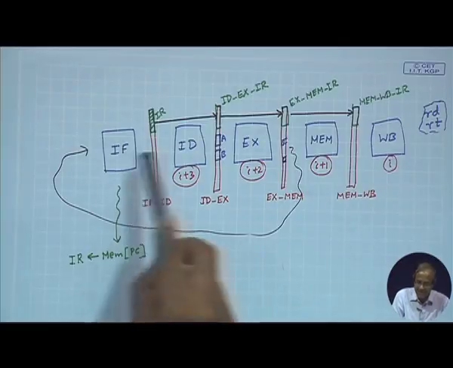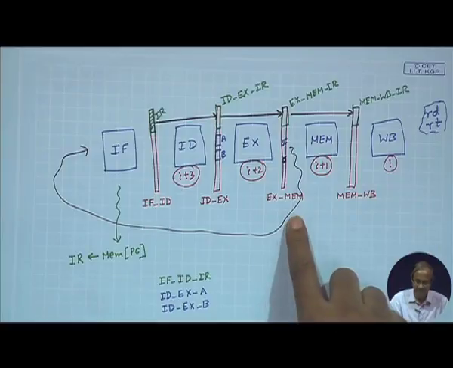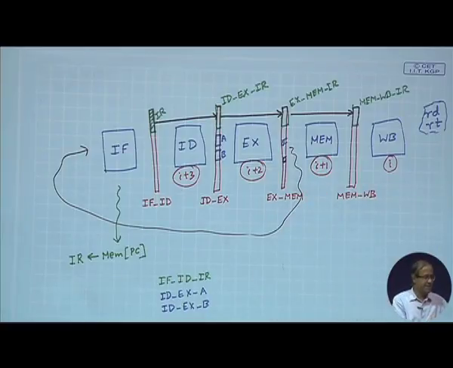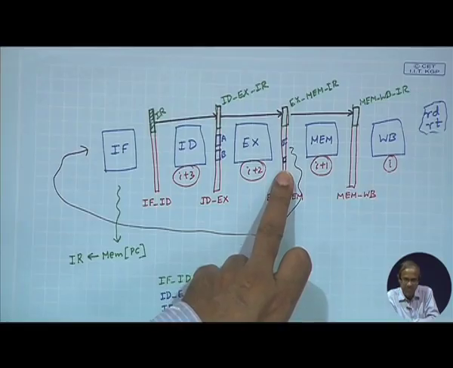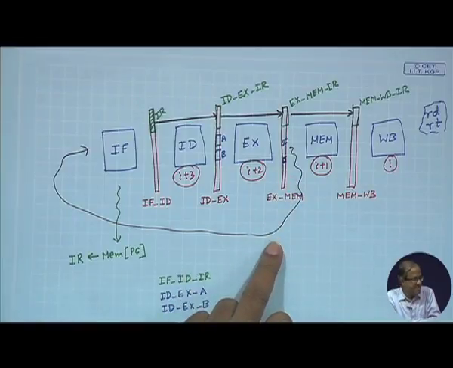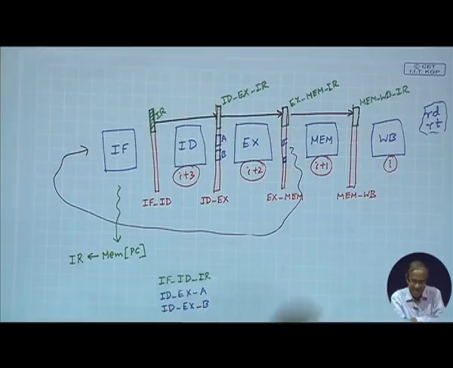Next instruction fetch will depend on the outcome of the branch conditions, right. That is reflected by this micro operation. Here it is saying if the instruction registered in the EX mem, this one, had a branch opcode, and the branch condition was true, then only will the branch take place.